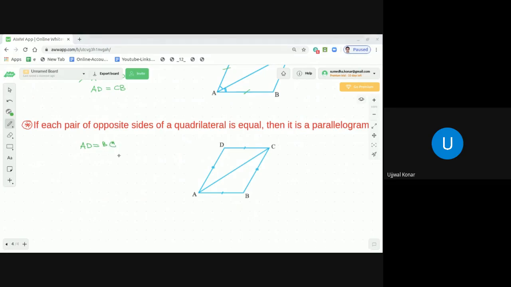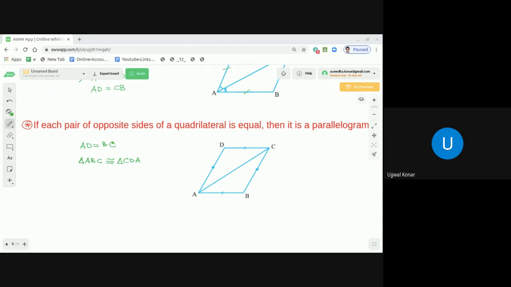Correct, dear students? Now, there is no doubt that these two triangles, ABC and CDA, are congruent. I hope there is no confusion about why these two triangles are congruent, as we already discussed in the previous two theorems. So ABC is congruent to CDA. Now, as these two triangles are congruent, what can we say?